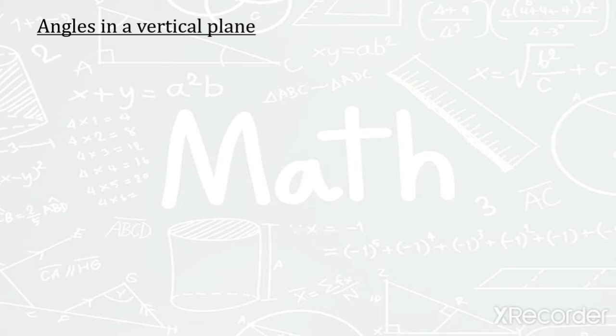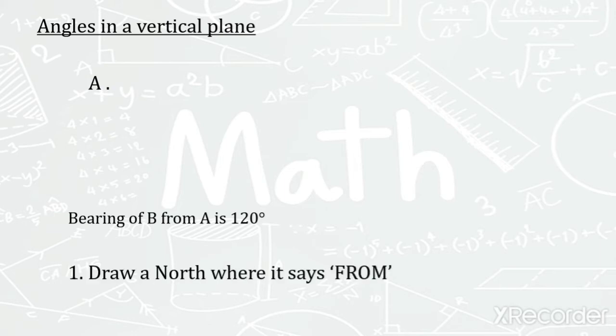And then the other thing is bearing. There is a point A on a horizontal plane. If they have asked you to find out the bearing of B from A is 120, they have given this bearing. So now how can you draw this? You have to follow these two steps.